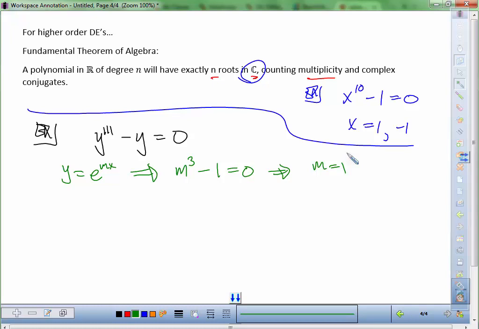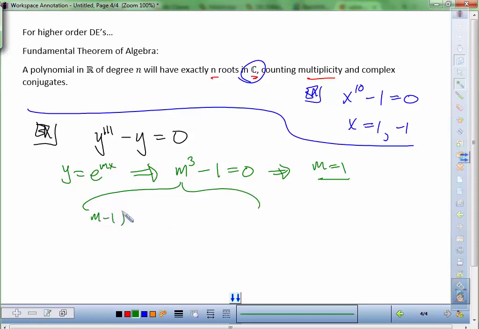You guys remember long division or synthetic division or one of those divisions? So if I know this is a solution, then I know m minus 1 is a factor. So I can write this as, let's do long division.